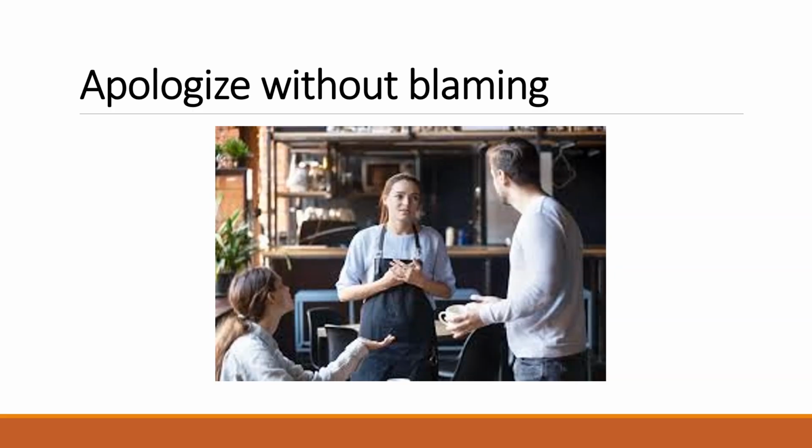We should not blame each other in the organization. Normally there is always a blame game in the factories: if there is a problem and the customer raises some issues, people try to blame other departments. We should not do that. We should apologize without blaming. That is one of the important steps in the customer handling procedure.